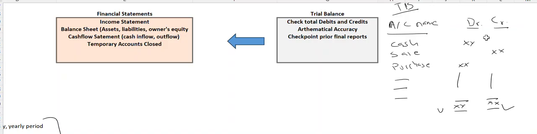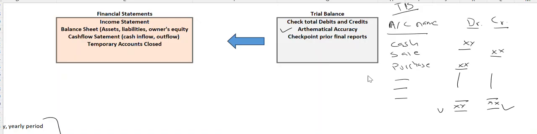So for now, just understand that cash has the debit nature, so it's recorded on the debit side of the trial balance, sale on the credit side, and purchase on the debit side. Basically, the trial balance is a very important point before you prepare your financial statements, because the trial balance also ensures the arithmetical accuracy of your records.